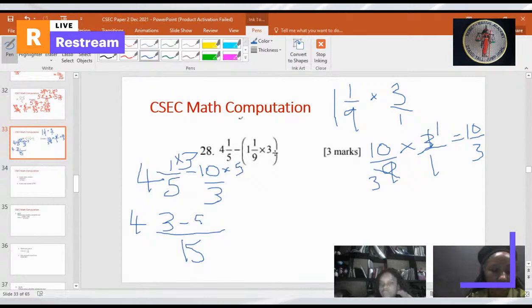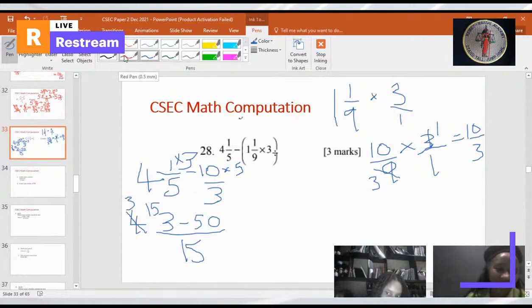We're still going to have to take one whole from the 4. So we take 1 from the 4, leave 3. Carry the 1 whole as 15 over 15. Add it. But that won't be enough, will it? No, miss. So let's take another one. We need to take another 3 wholes. We need all 4.